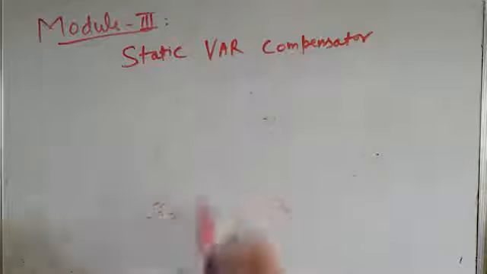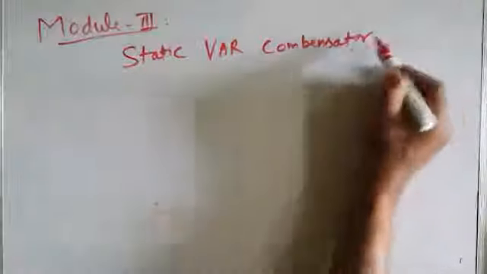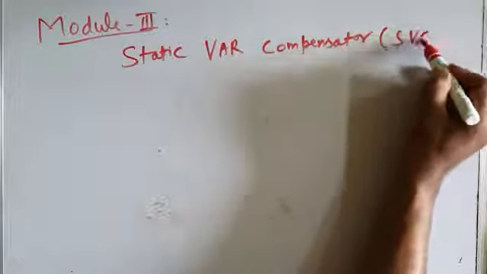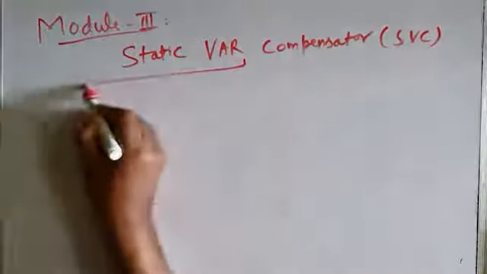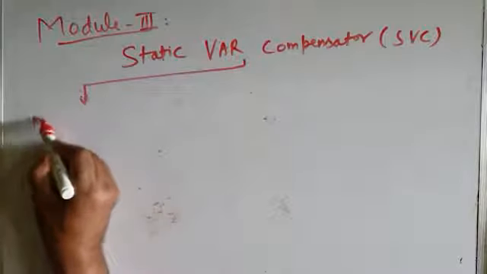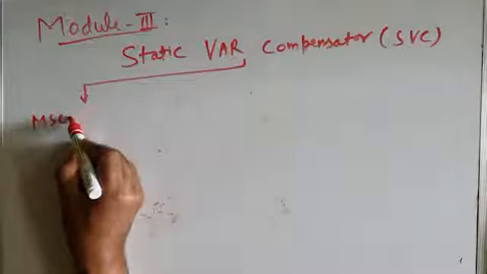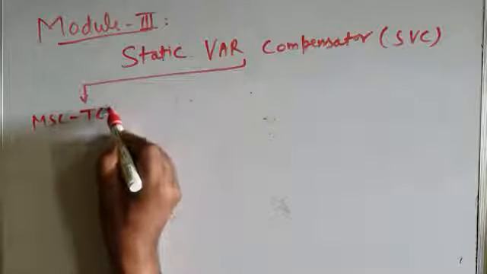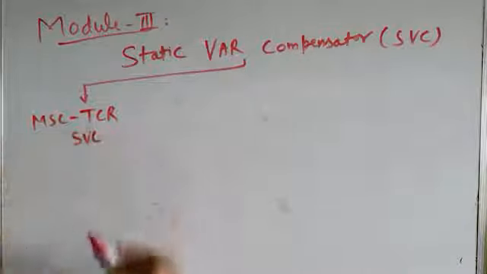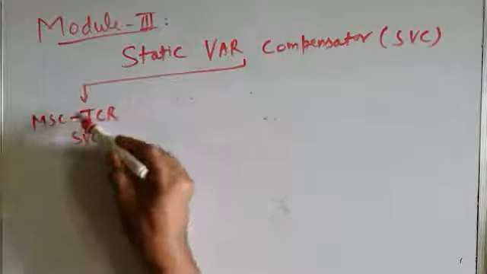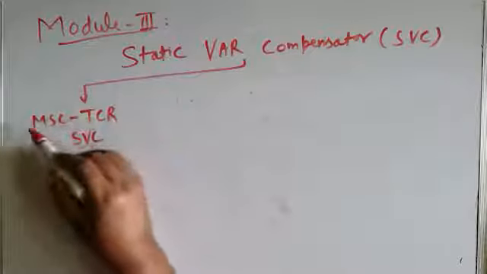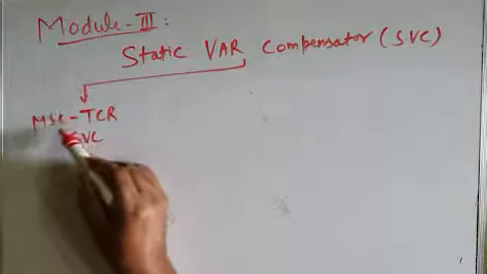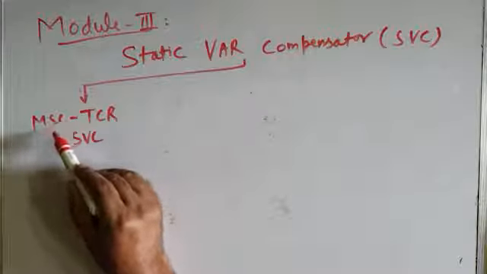Okay, so various types of static VAR compensators, which are also called SVCs. Various types are: number 1, mechanically switched capacitor, thyristor controlled reactor type SVC. An SVC which uses TCR for reactive power absorption, and which uses a capacitor bank, but the capacitor bank is mechanically switched.